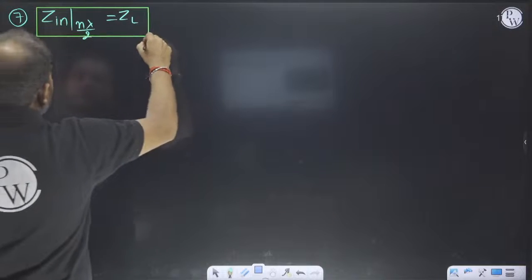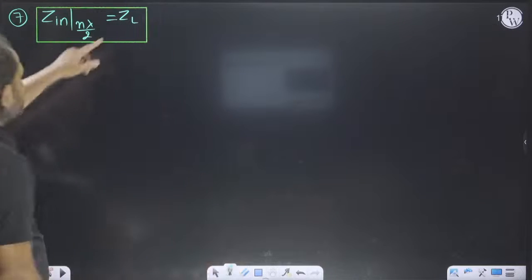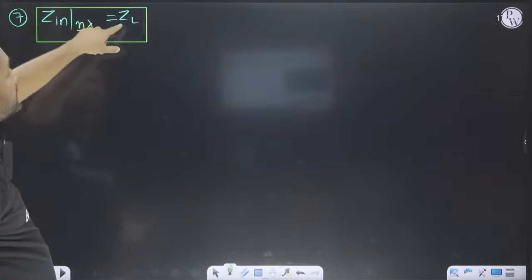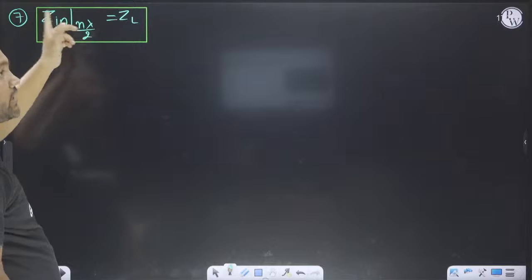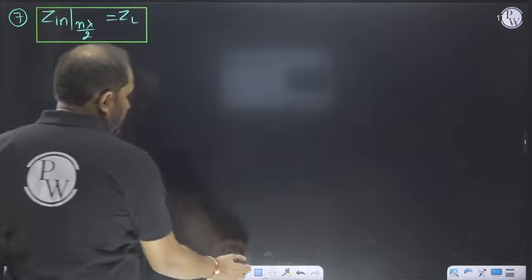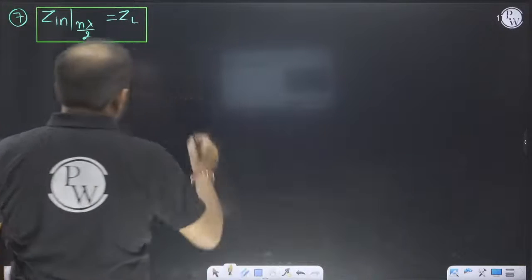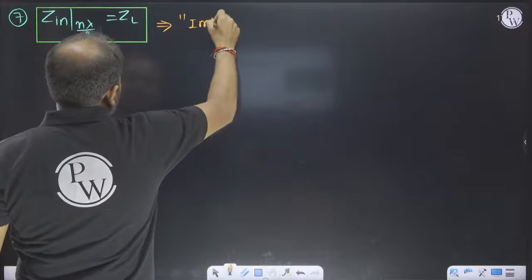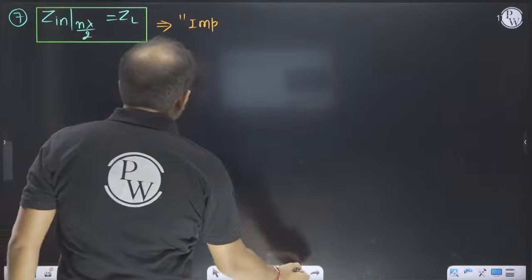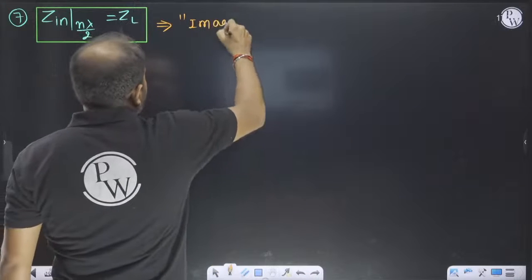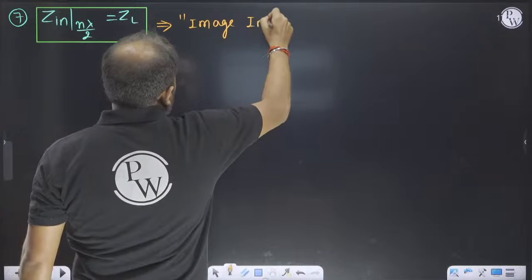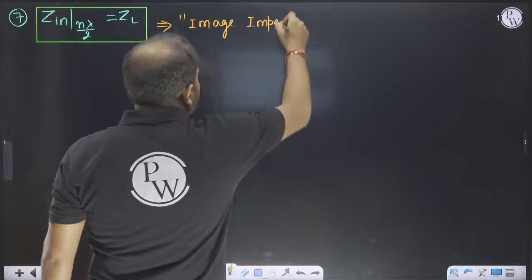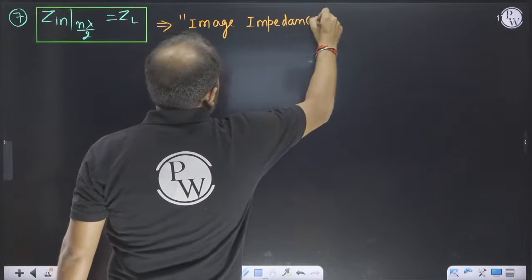If this one is short circuit, this one is short circuit. If this one is open circuit, this one is open circuit. Capacitive, capacitive. Inductive, inductive. So this one is known as image impedance. The load impedance and input impedance are the same.